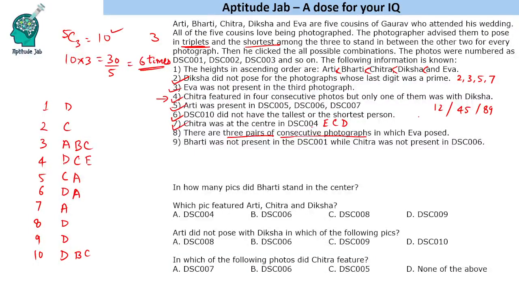So cases here will look like 2 3, 5 6, 9 10. Any such cases can be made. It could be like 1 2, 4 5, 7 8. Any such cases can be made where there are 2 consecutive, then a gap, then 2 consecutive, then a gap, then 2 consecutive. That is what is meant by 3 pairs of consecutive photographs: 2 consecutive photographs, then gap, then 2 consecutive, then gap, then 2 consecutive. So that is what is meant by this statement.